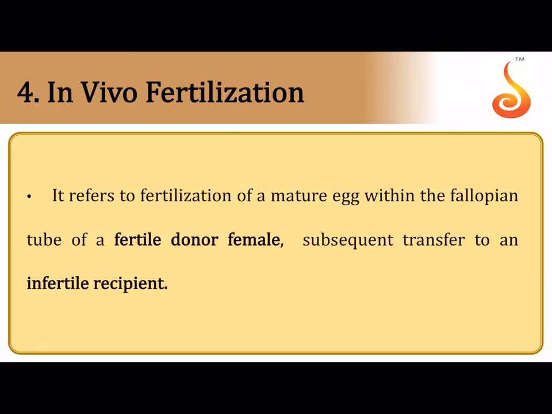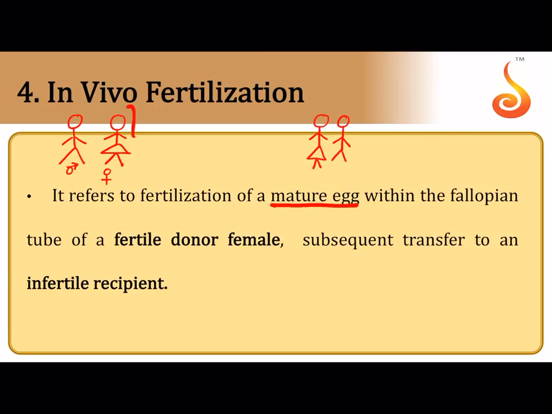In vivo fertilization. Now, what is in vivo fertilization? For example, let us say that there is a couple, a husband and a wife. They are normal. But there is another couple who are infertile, and they want to bear children.